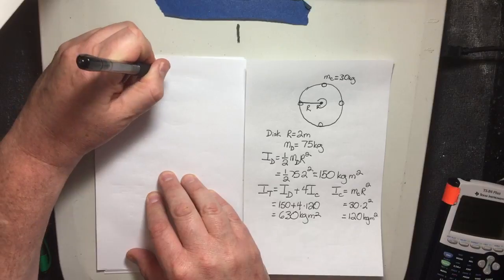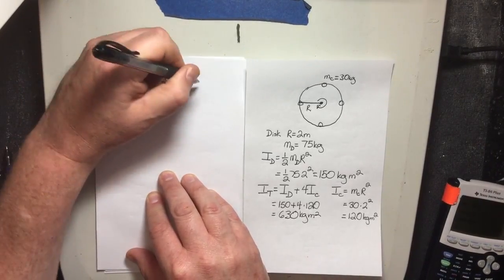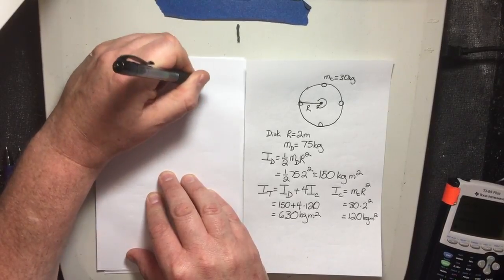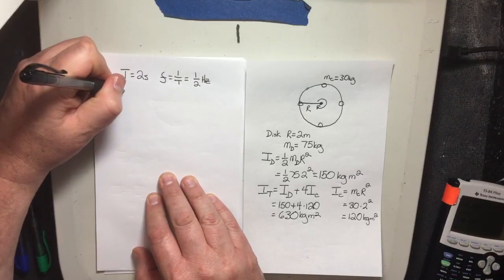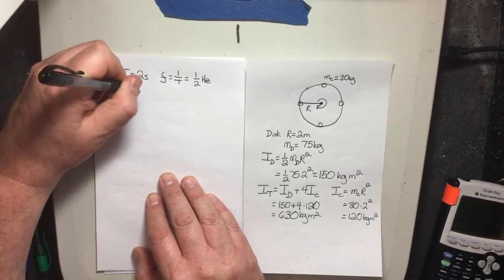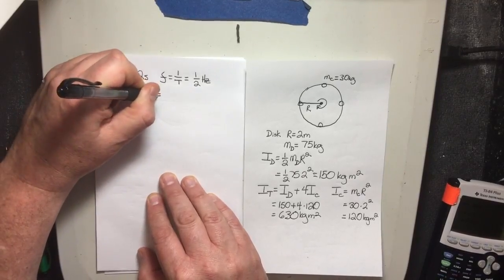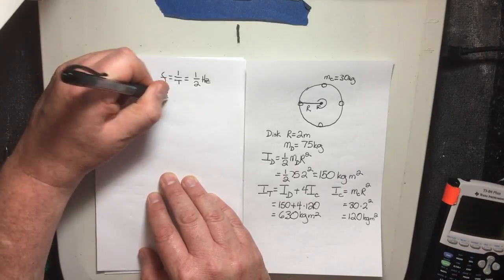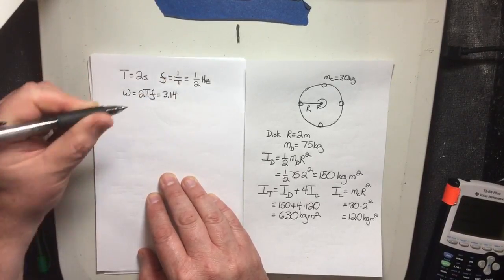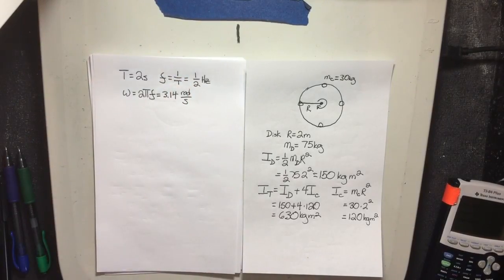Well, the frequency is 1/2 hertz or 0.5. The angular velocity is 2 pi f, which is rather convenient because now the angular velocity is just 3.14 radians per second.